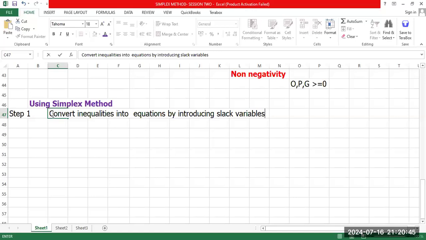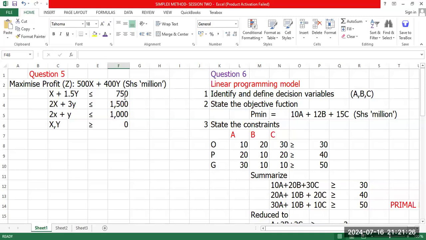variable will help you actually to know whether at the end of it all you have a surplus on a constraint or not. Here you have 750. We need to see at the end of it all, did we utilize this 750? At the end of it all, we need to see, did we actually utilize all this 1,500?